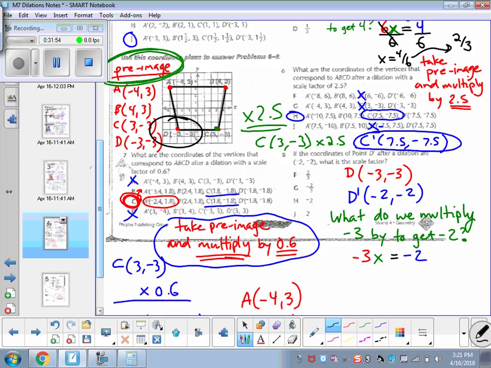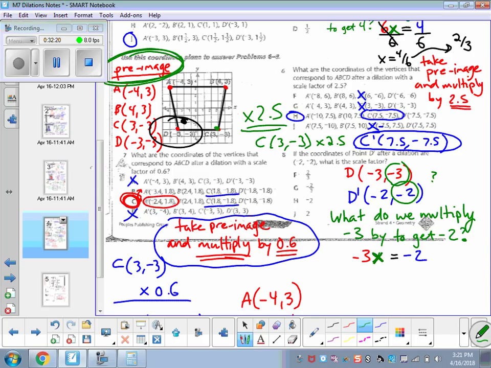And it tells us if we dilate it by an unknown scale factor, we don't know that yet, it's going to go to negative 2, negative 2, which would be right here. So our values went from a negative 3 to a negative 2, and I just do not know what I needed to multiply by to get that. So x is our unknown right here.